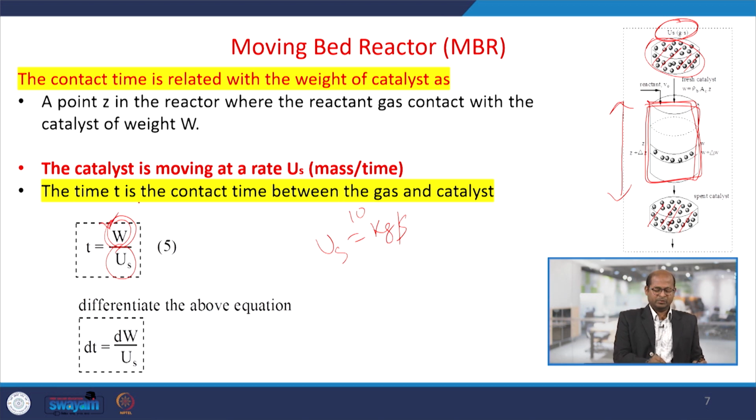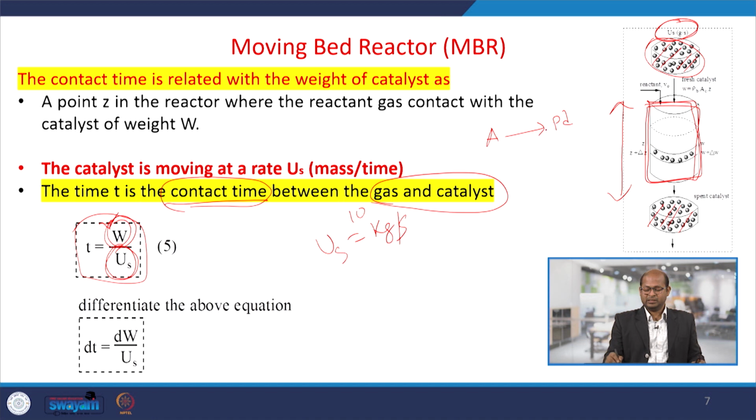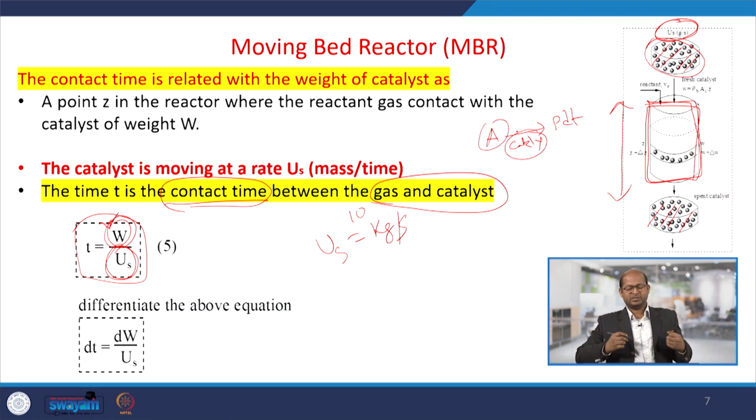So, if W is the amount of catalyst and the movement rate is this, then we get the contact time, the time for which catalyst and reactants A remain inside the reactor. During that period the reactions take place, and at the same time catalyst deactivation also occurs.